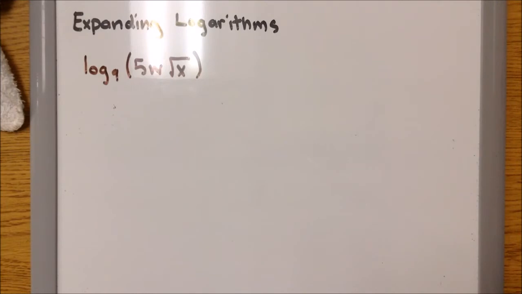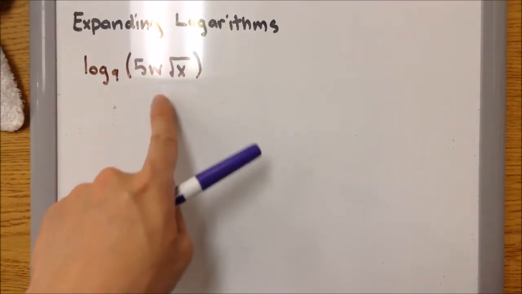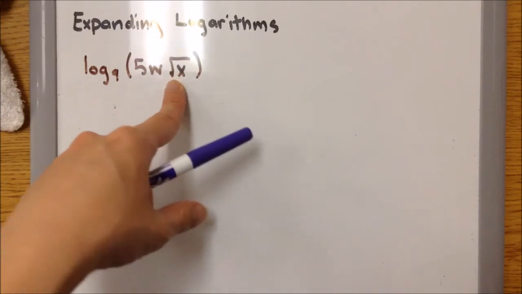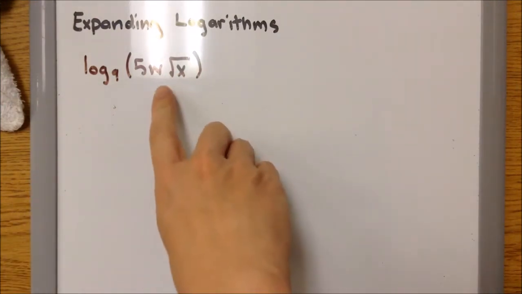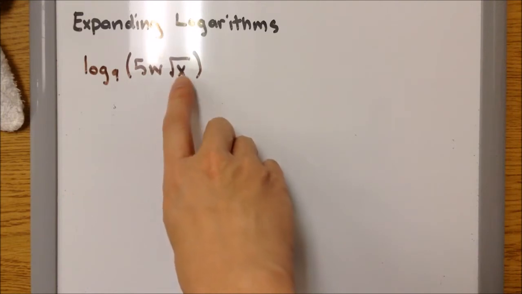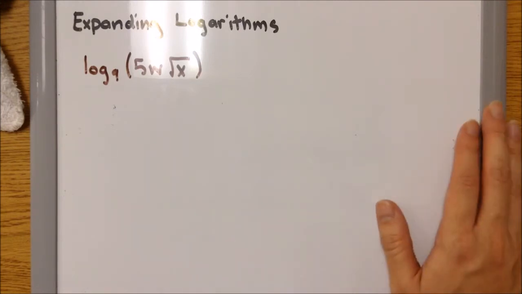Our first step is we need to make sure that inside a log there are no radicals, in this case our square root. In order to convert where x doesn't have a square root, we have to refer back from Algebra 2 to rational exponents.